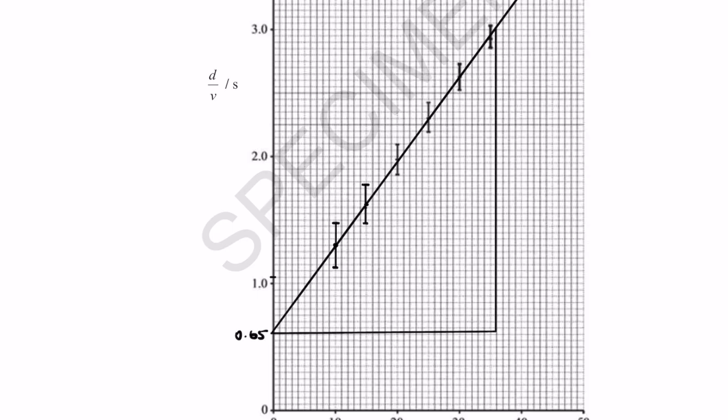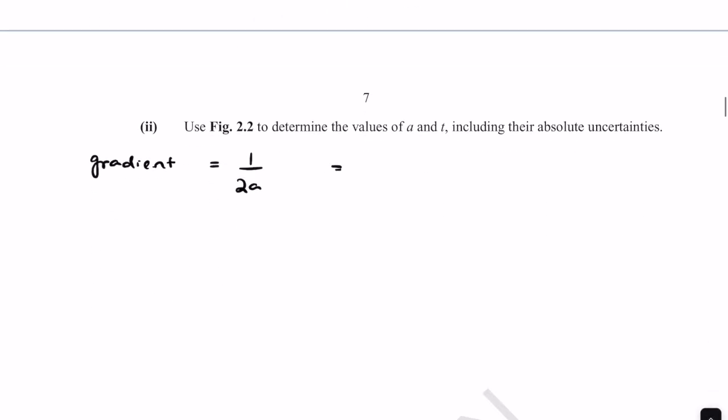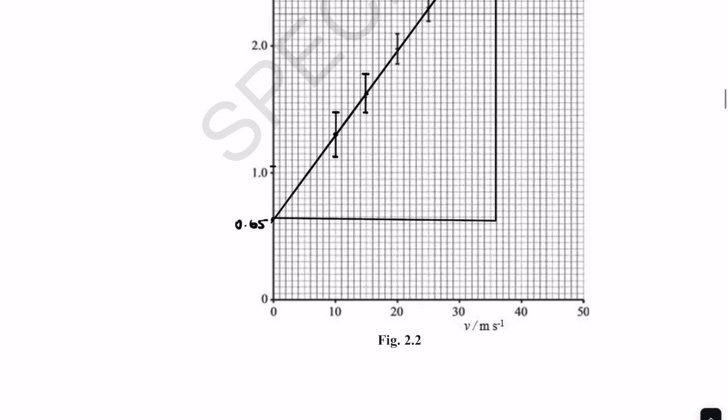I'm going to say, actually, I'm going to go for this value because it just goes better. So 0.65, and this value is right here, which is 3. So the gradient is 3 minus 0.65 over the x-axis, which is for once reasonable. That is going to be 1, 2, 3, 4, 5, 6, so 36.